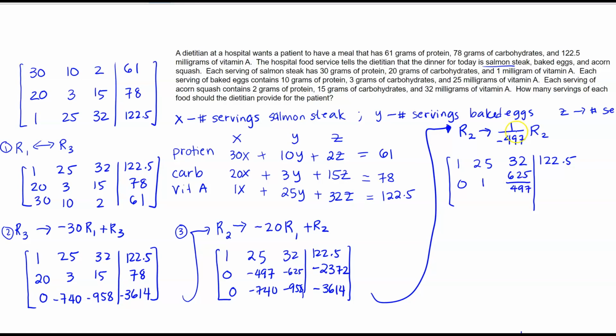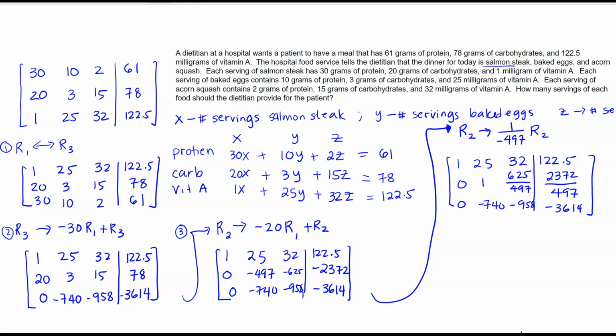And then 1 over negative 497 times negative 2372 is 2372 over 497. Then you copy the last row. 0, negative 740, and then negative 958, negative 3614.